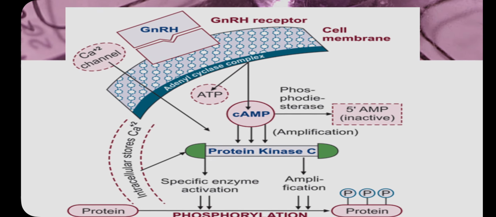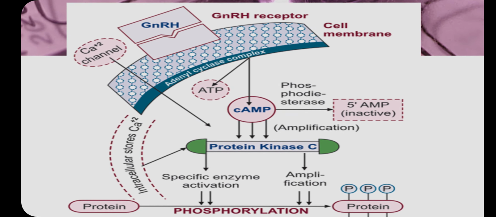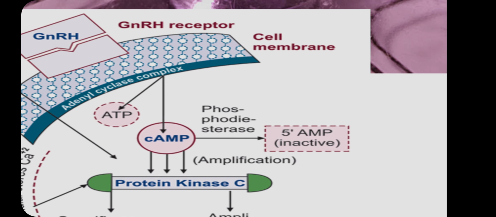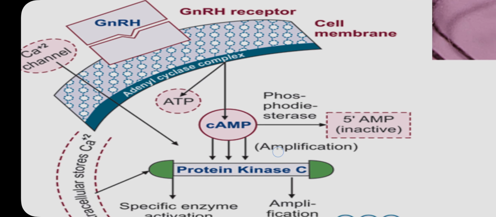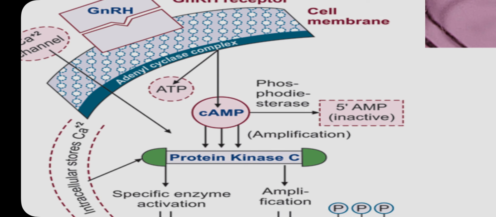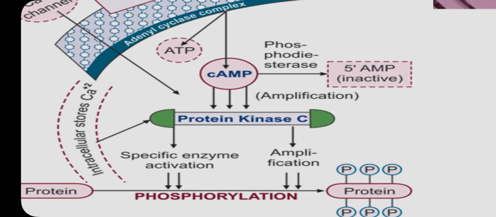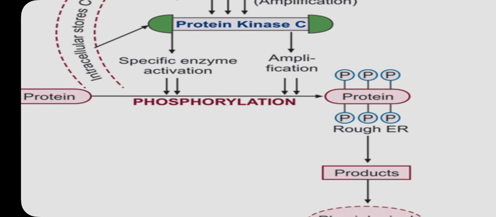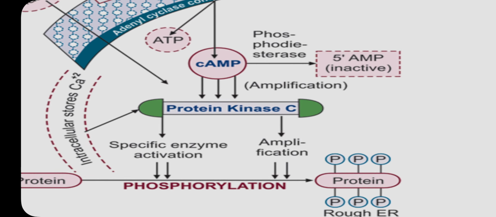You can see in the diagram, whenever the GnRH is released, it interacts with the GnRH receptors present in the cell membrane of the gonadotroph cells or the anterior pituitary cells. Then adenyl cyclase complex will be created, then it converts ATP, and then it is becoming the cAMP, and then what happens, there will be a release of protein kinase C. Then protein kinase C does the phosphorylation, that is, it is converting the proteins into the byproducts.